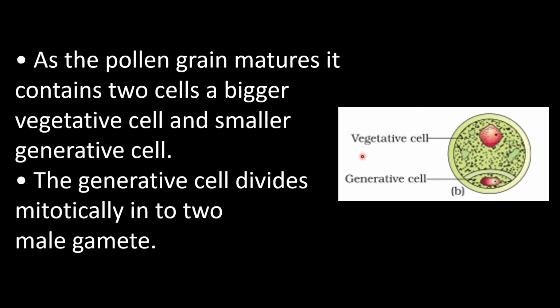Then there are two cells. The larger is called the vegetative cell, which has an irregular nucleus and reserve food material. Whereas the second cell, the generative cell, is smaller. This generative cell has dense cytoplasm and a prominent nucleus.